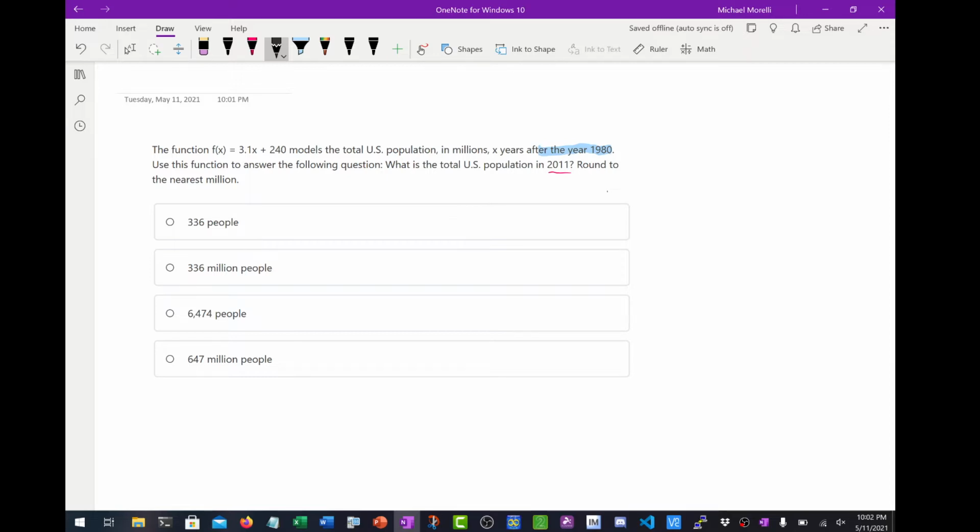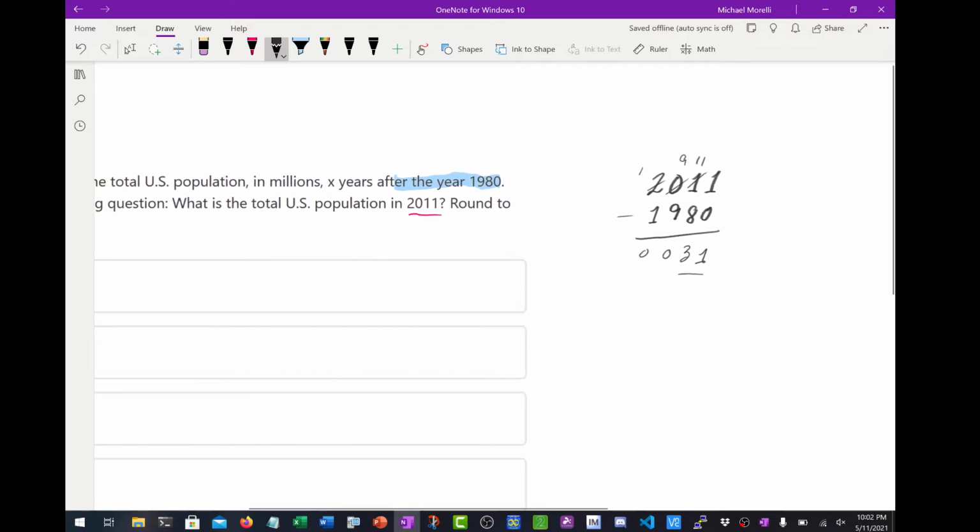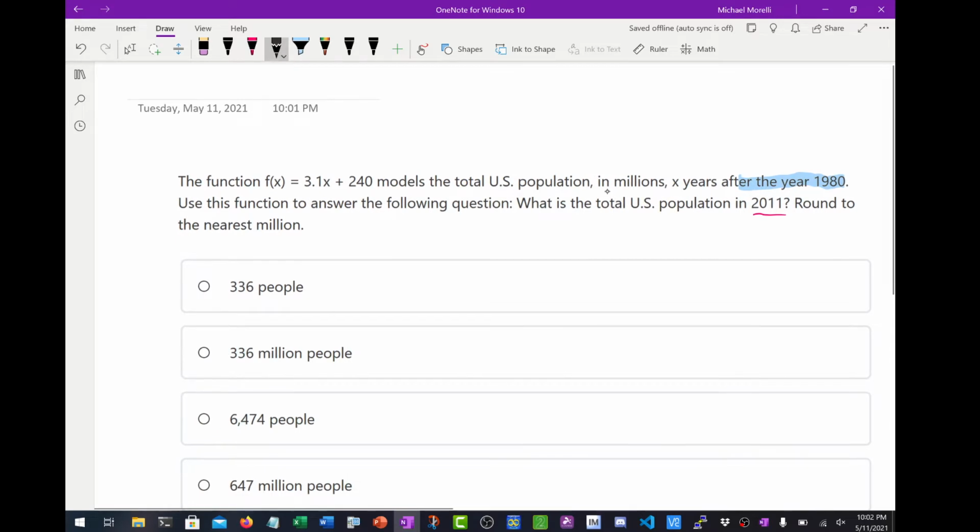So the first thing I would do on this problem is take 2011 and subtract 1980 from it, just like a subtraction problem. So it's 31 years since 1980. I would then plug 31 into this equation. So I would do f of 31.